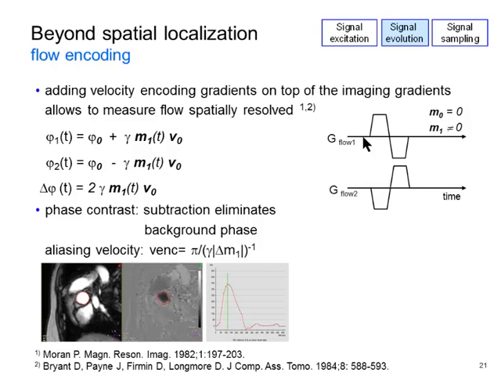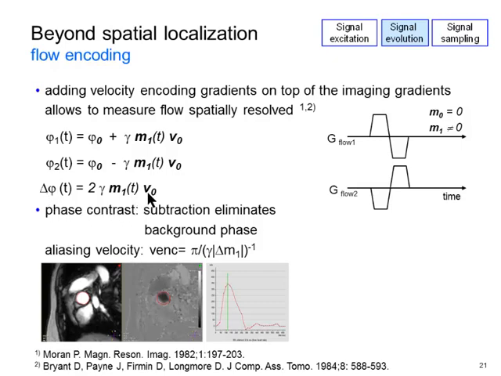If we do two experiments while inverting the two flow gradients as shown on the graph here, we are simply inverting the flow contributions. And if you calculate the difference, you see that the background phase vanishes.